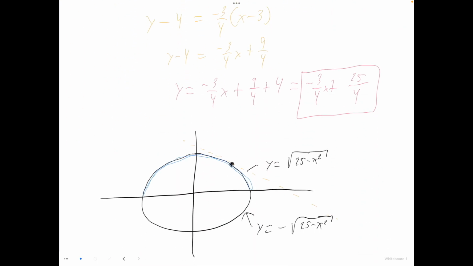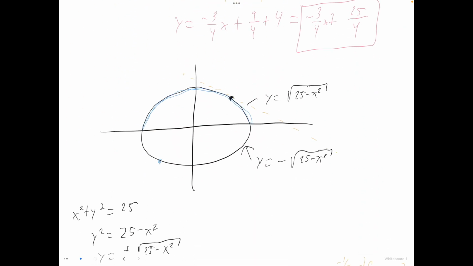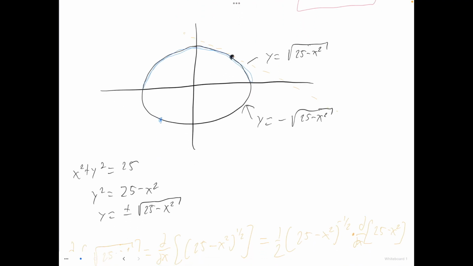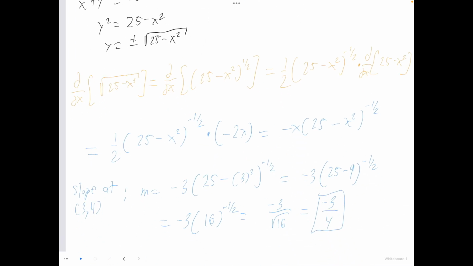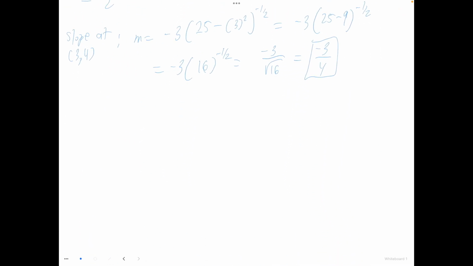And so if we picked a point that was down here in the lower quadrant, we'd have to use a different equation. We'd have to use the lower equation to find the derivative if we did it explicitly, which is just solving for y and then taking the derivative. But implicitly, we'd have the same derivative. And so in some sense, we can simplify our work by taking an implicit derivative in the circle example.